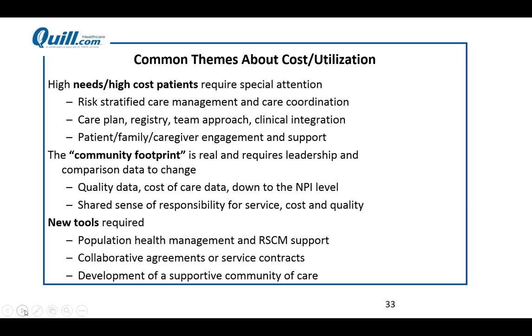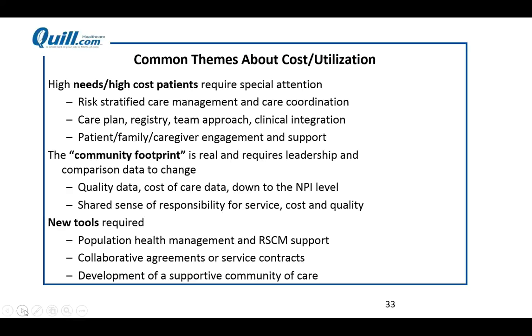Atul Gawande has called attention to the community footprint. To simplify it, it's really about, well, this is the way we do it here in our community, and without comparing utilization and costs and style of practice to other communities, you'll never know that you might be an outlier. So we really have recognized that there are community habits of how often people get catheterized for heart disease or get certain imaging studies for back pain, et cetera.